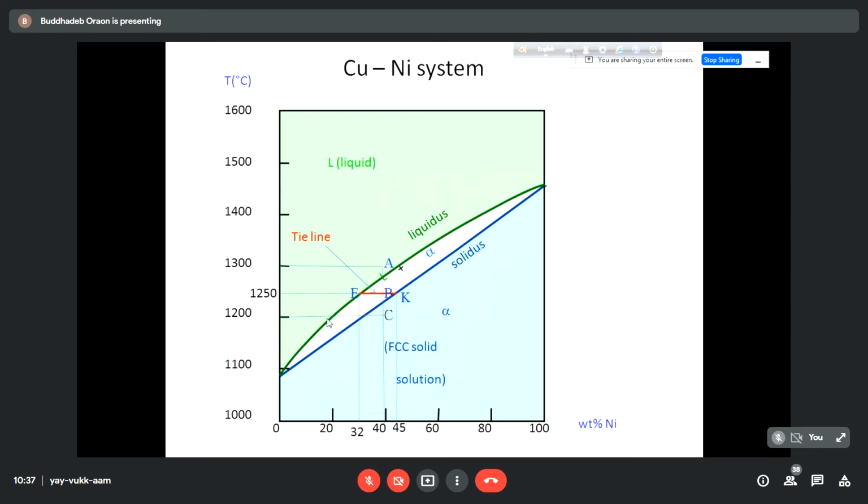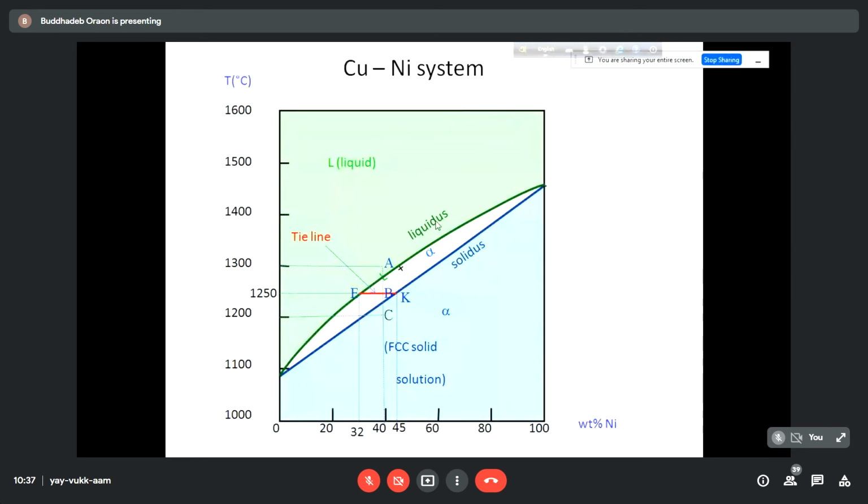By that you will get different points. The solidus line is basically those points where the liquid and solid phase transform into a completely solid phase. So you will get different points, and if you join these points, you will get a solidus line.